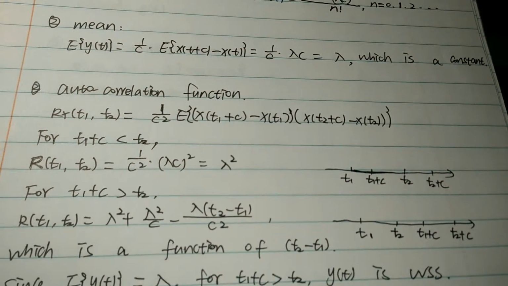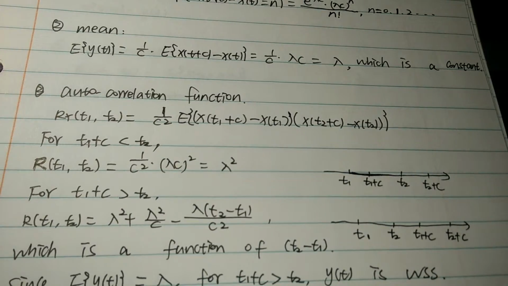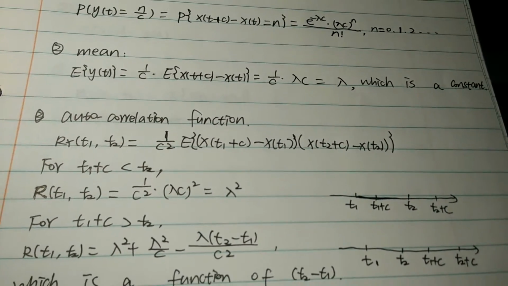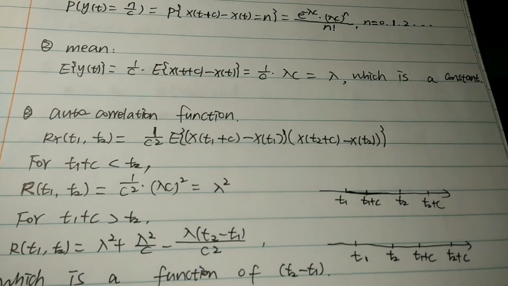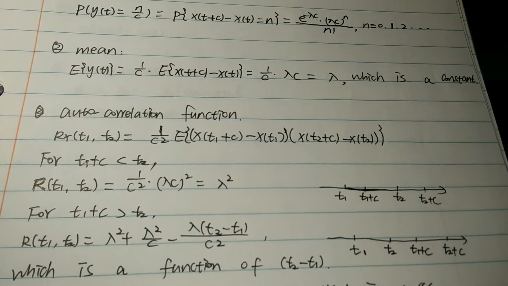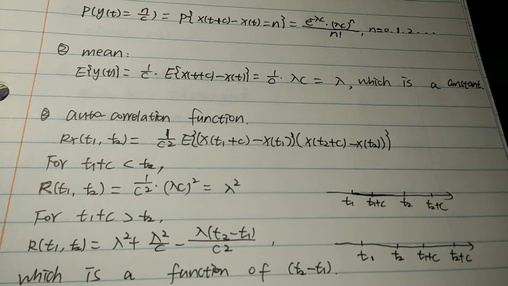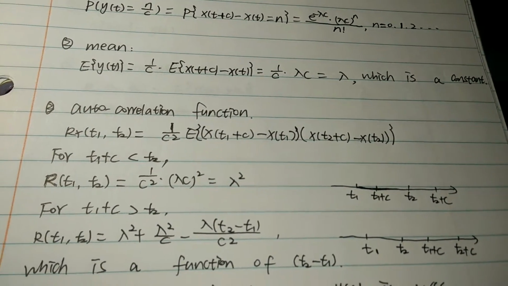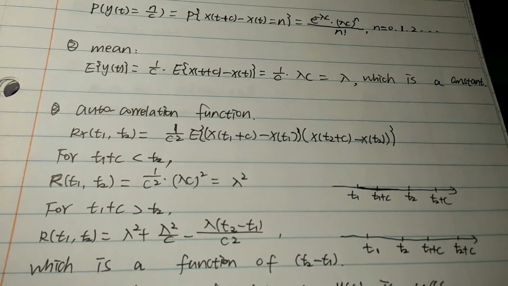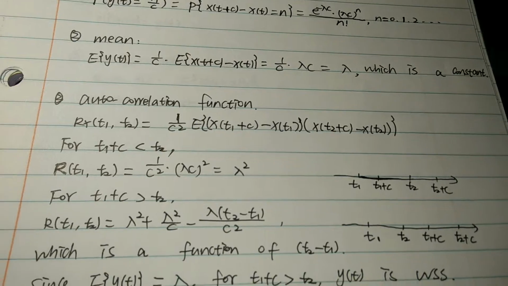The autocorrelation function is 1 over c squared times the expected value of x of t1 plus c minus x of t1 times x of t2 plus c minus x of t2. For t1 plus c smaller than t2, we get the R function is lambda squared.